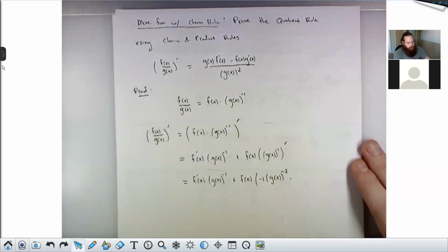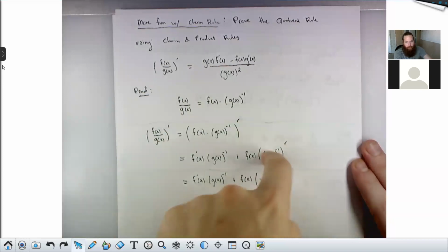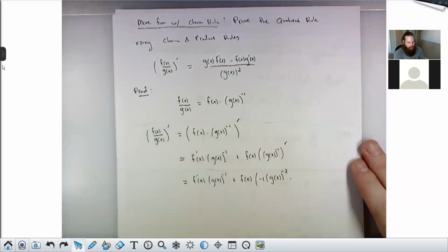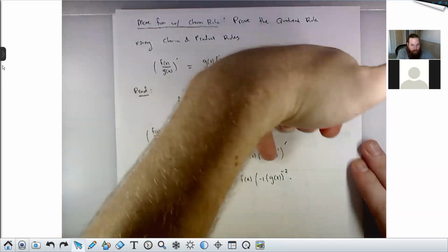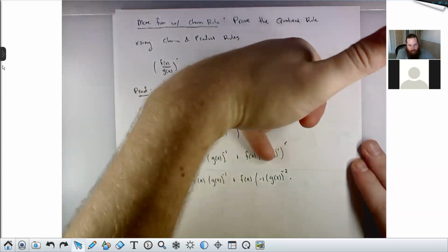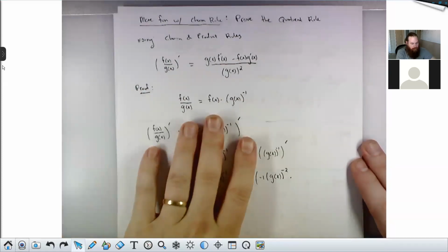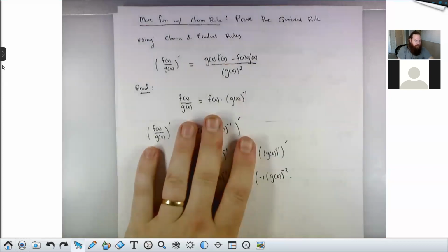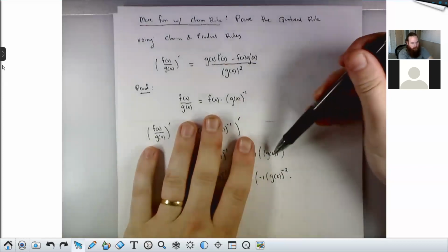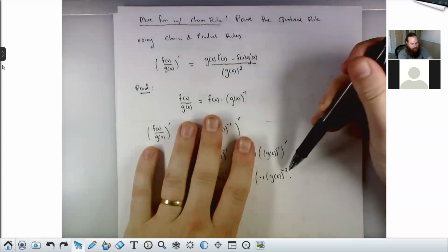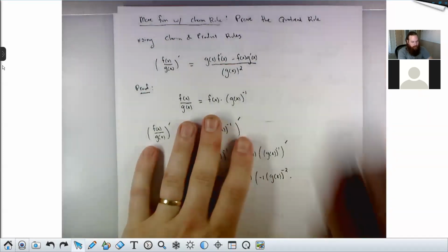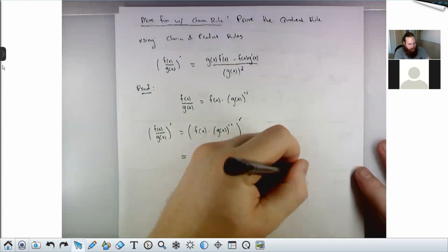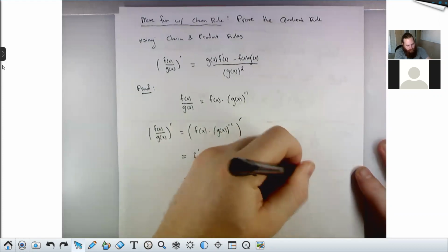The derivative of the negative first power function says just bring the power down and then reduce the power by 1. So that looks like this, right? Forget the f here, forget the g inside. If I was differentiating x to the negative 1, I would get negative 1 times x to the negative 2. But my inside here is not an x, it's g of x, so instead I need to also multiply by the derivative of the inside.